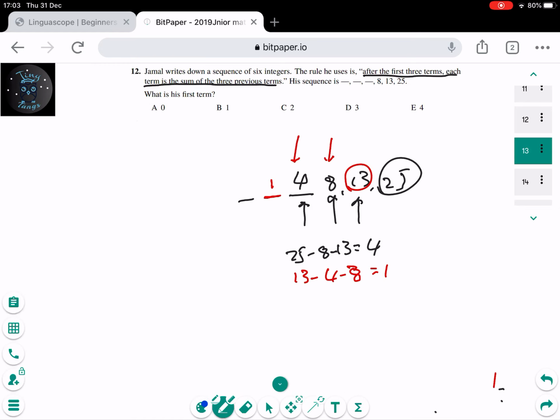And also what makes 8 is 4 and 1 and this number. So it's 8 minus 4 minus 1 equals 3. So the number here is 3. And it asks what is his first term. So the first term is 3 here. So the answer is D, which is 3. Thank you for listening.